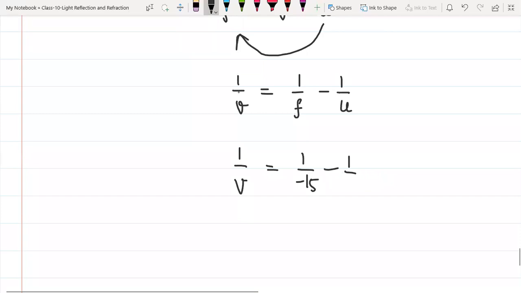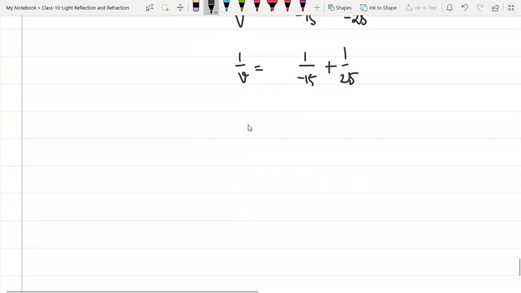What is the U value? Minus 25. It will become 1 by V is equal to 1 by minus 15 minus into minus plus 1 by 25. Guys, for easy understanding, what we can do is 1 by V is equal to 1 by 25 minus 1 by 15. So this one you write here, this one you write here, that's it.